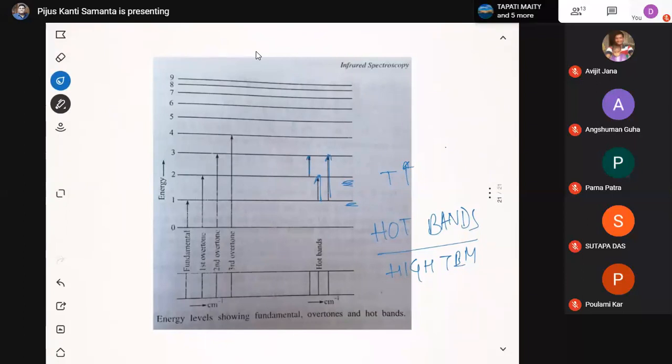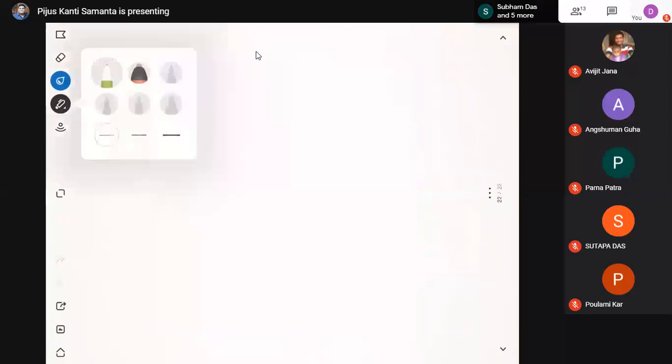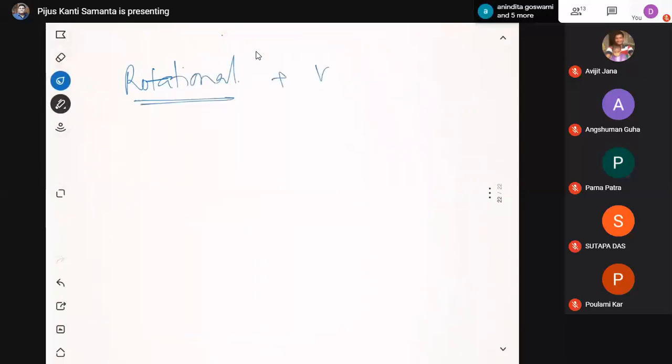So this is the case of pure vibration of the molecules. That means we are considering the molecules vibrating, but not rotating. It's a pure vibrational energy band of the molecules. But in practice, the molecules rotate as well as vibrate, so the molecules have both kinds of energies, the rotational energy and the vibrational energy.